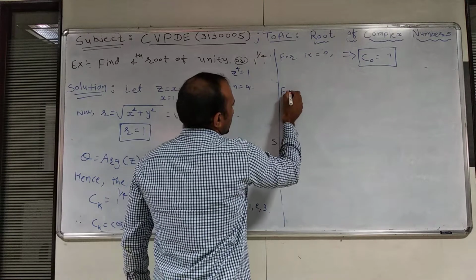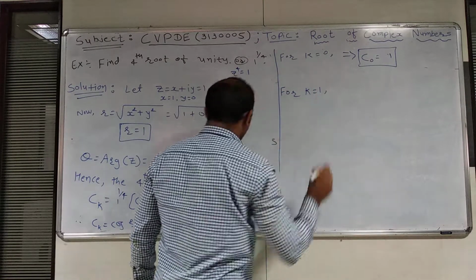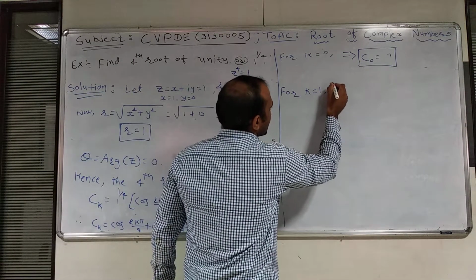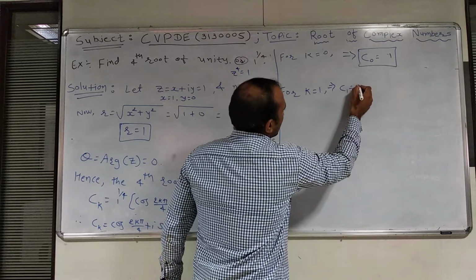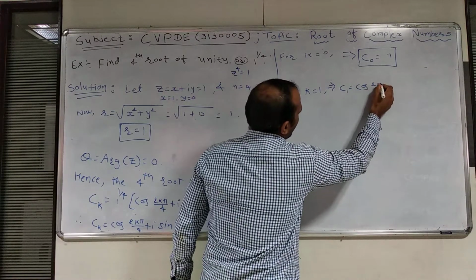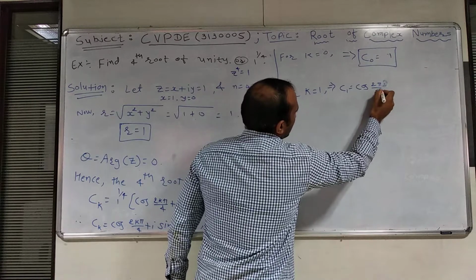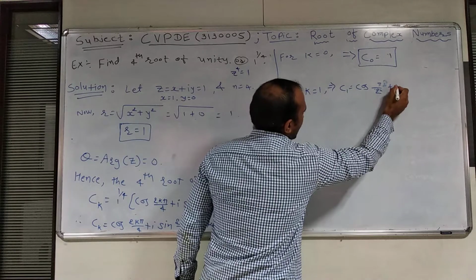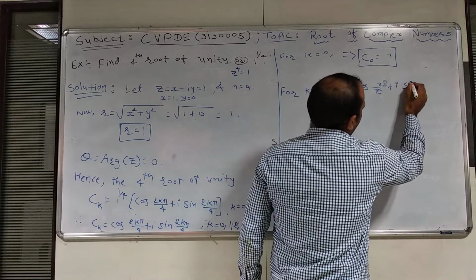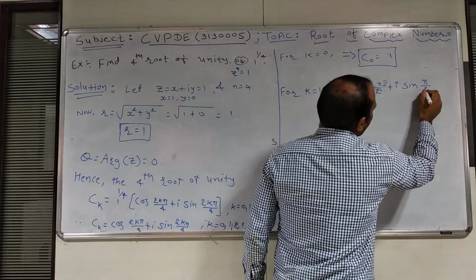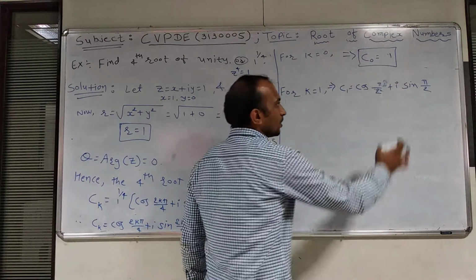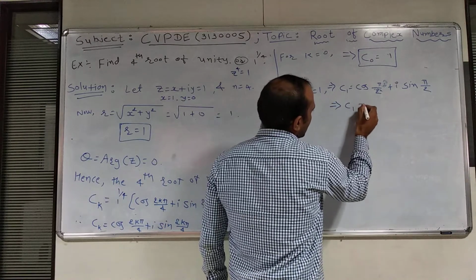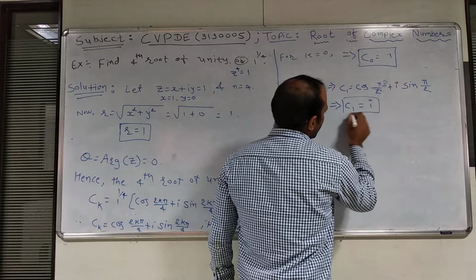Now for k equal to 1, put 1 here, so 2 pi by 4, so c1 is cos 2 pi by 4, the 2 cancels, so we get pi by 2, plus i sin, similarly the same pi by 2. Now we know that cos pi by 2 is 0 and sin pi by 2 is 1, so c1 is i only. So this is our second root.